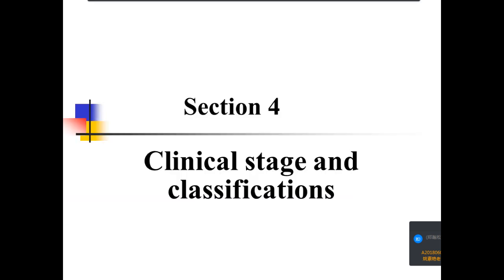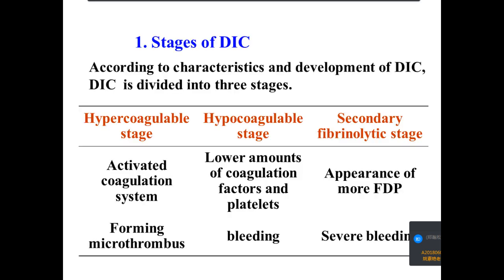According to its development, DIC is divided into three stages: hypercoagulable, hypocoagulable, and secondary fibrinolytic stage. You should remember the three stages and the characteristics of every stage.